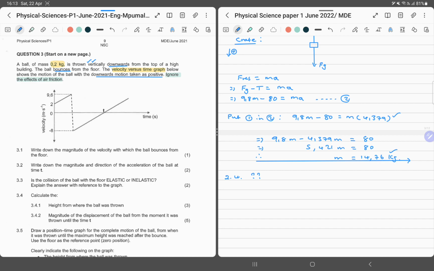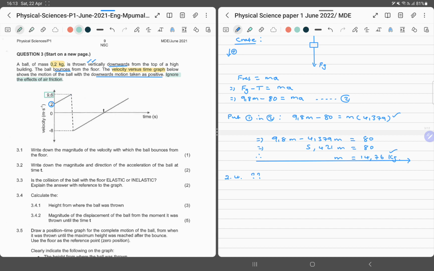Okay, let's move quickly. So we can see that the velocity with which we projected this ball was 2 meters per second, and it reached the ground with a velocity of 9.6 meters per second, because we're throwing it down, and you can see an upward deflection on the graph means a downward motion.